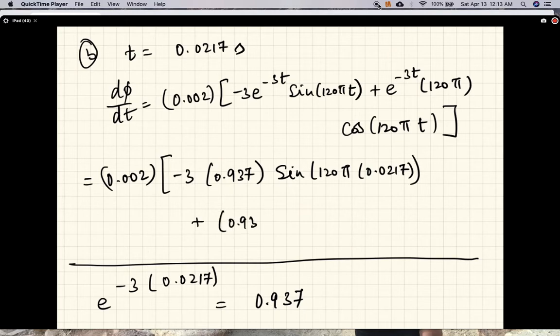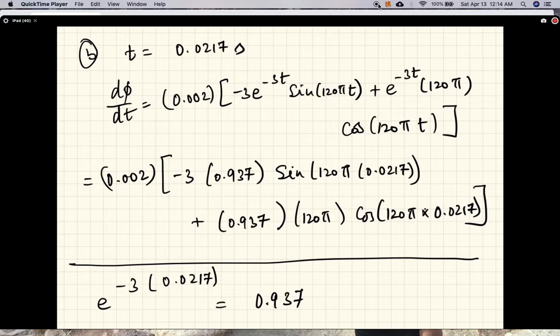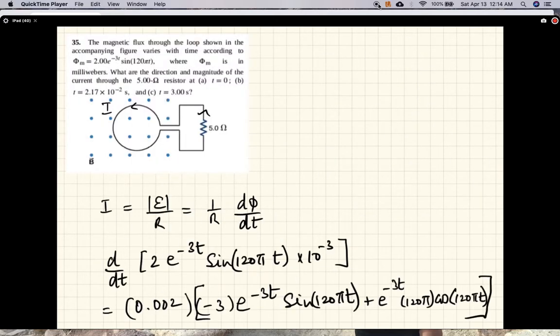Plus 0.937, the exponential factor, times 120 pi cosine of 120 pi times 0.0217. Again, the argument has to be dimensionless, so 120 pi is in inverse seconds, since t is in seconds.